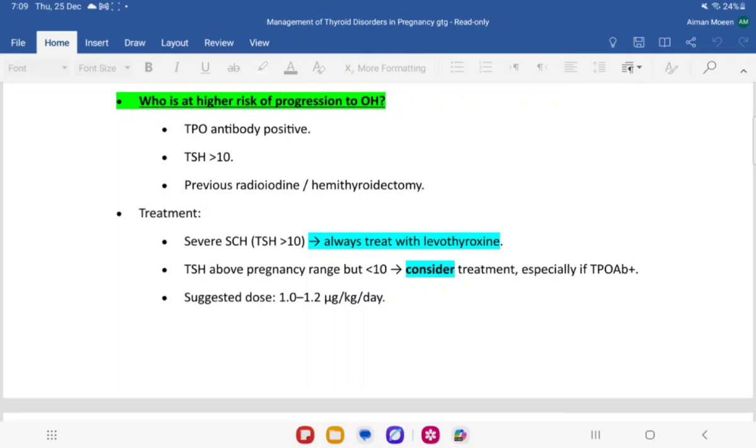Now you can see here the difference in the dose. When it was overt hypothyroidism, the suggested dose was 1.6. Now here the dose is 1 to 1.2 microgram per kg per day. So pay close attention to these doses as well.